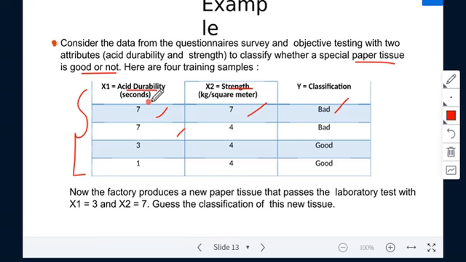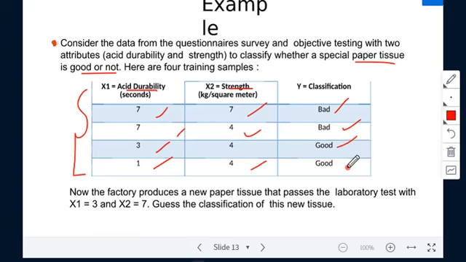If the acid durability is 7 and the strength is 4 kilogram per square meter, then the classification is bad. If the acid durability is 3 seconds and strength is 4 kg per square meter, then it is good. If acid durability is 1 and strength is 4 kg per square meter, then it is good.